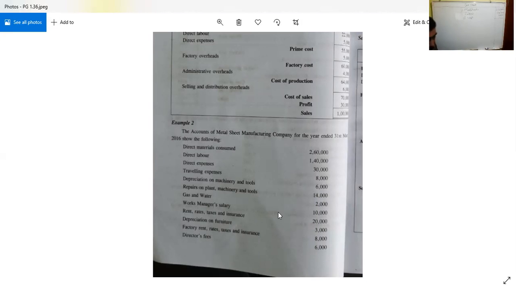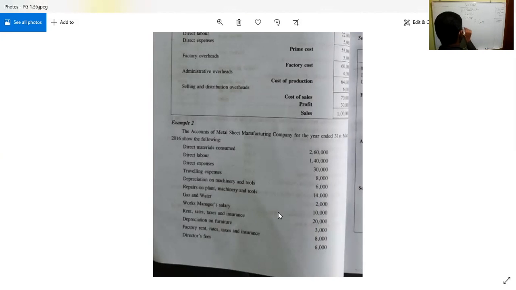So 260 plus 1,40 plus 30. So 170 plus 260, it is 430. It is 4,30,000. So this is prime cost.